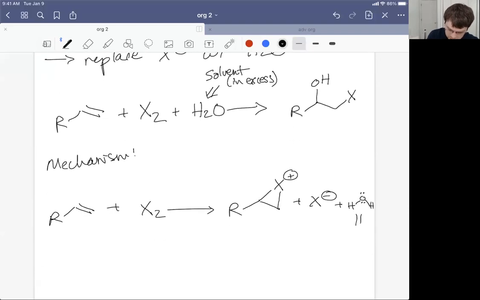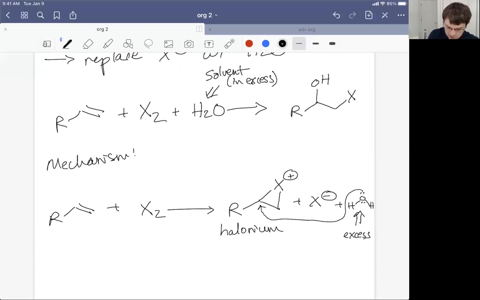So let's just remind ourselves that this is in excess. So when the electrophilic halonium ion that spontaneously forms when we treat our alkene with X2, that electrophilic halonium that's ready to accept a lone pair of electrons will now accept electrons from the water that's used in excess.